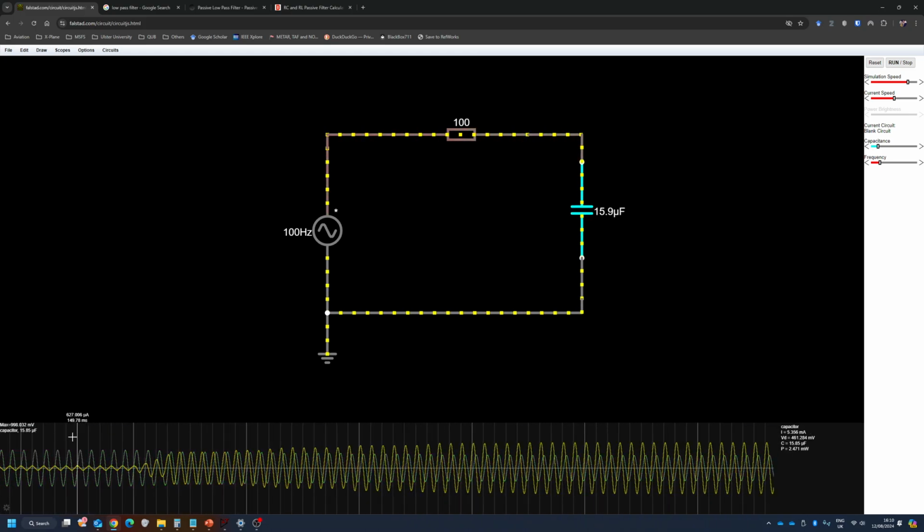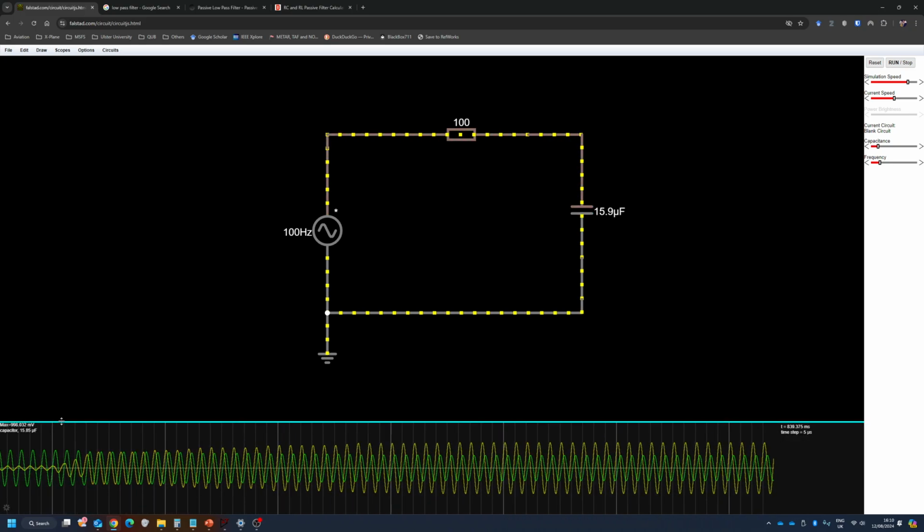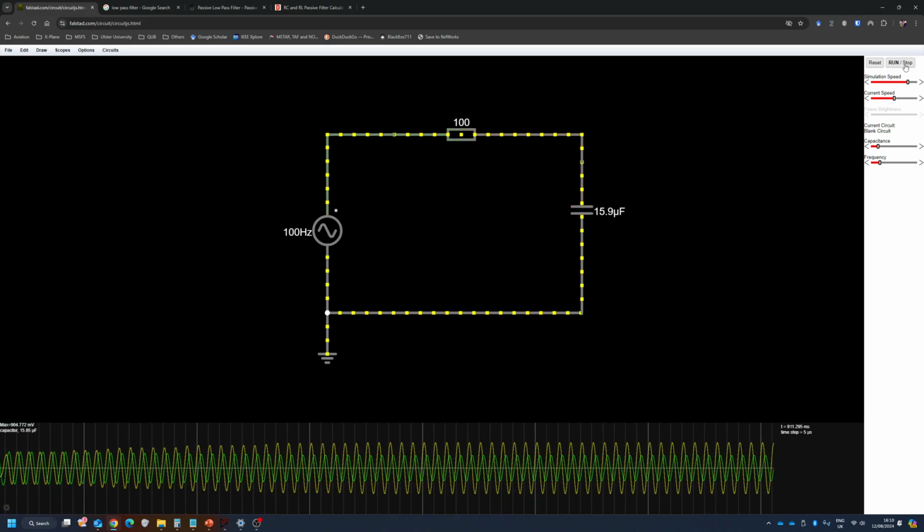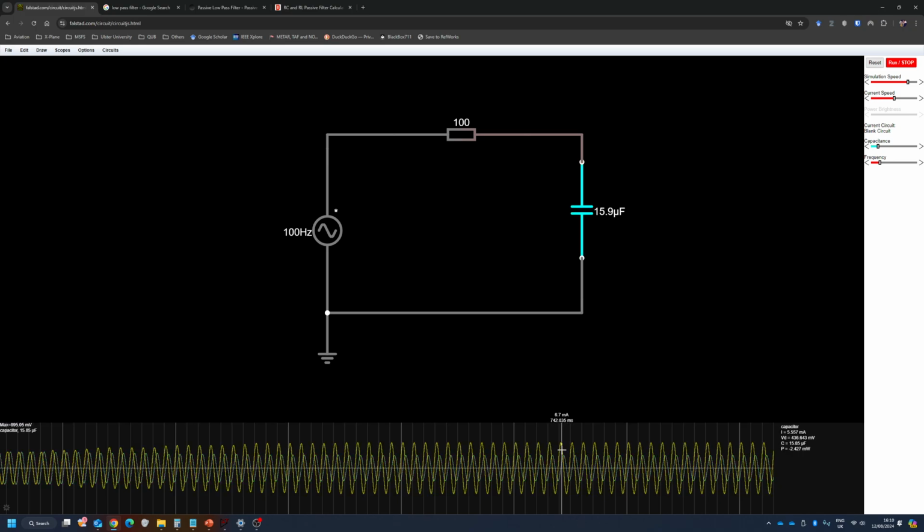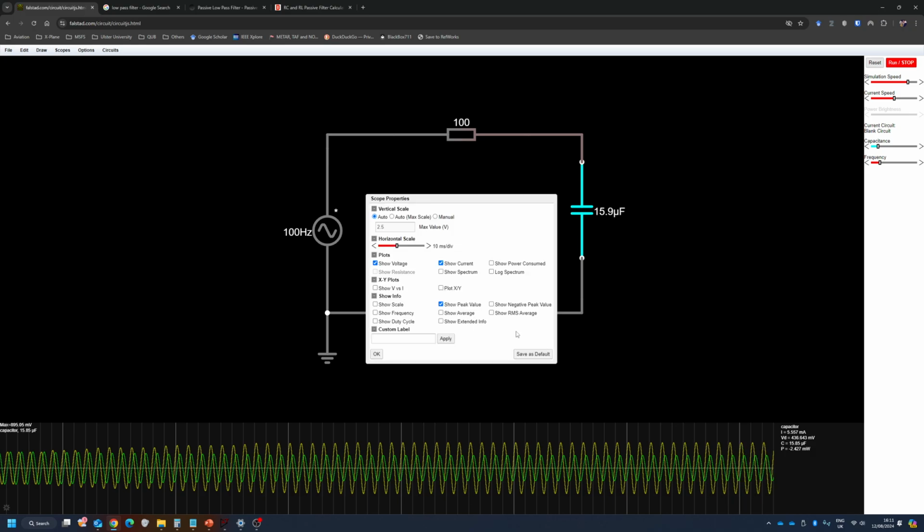Now you can see here in green, not the yellow one, that at 16 microfarad my voltage is about 0.708. So again, it's not exactly there. Can I just remove plot properties?